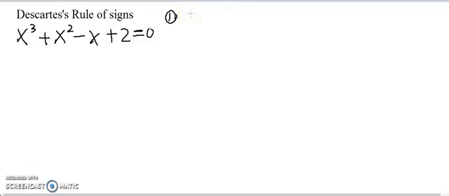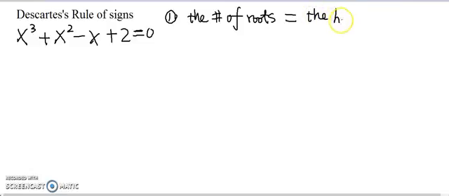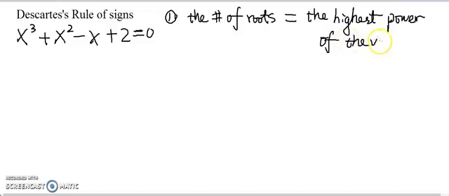So the number of roots is equal to the highest power of x, the variable, or you can call it the degree. In this case, by rule number 1, this equation has 3 roots.